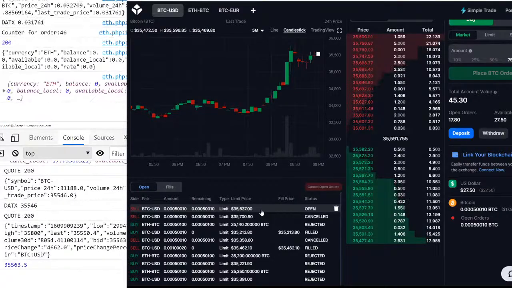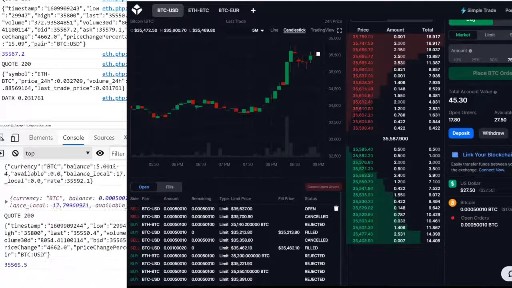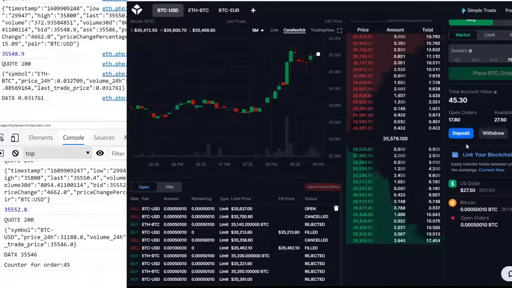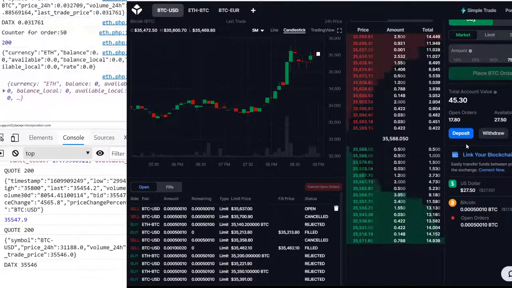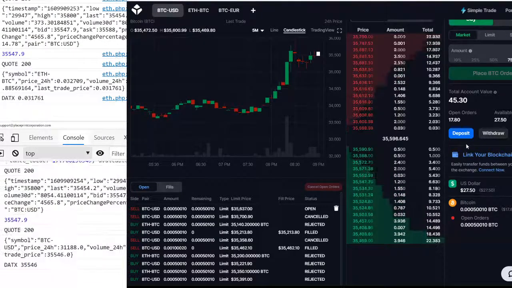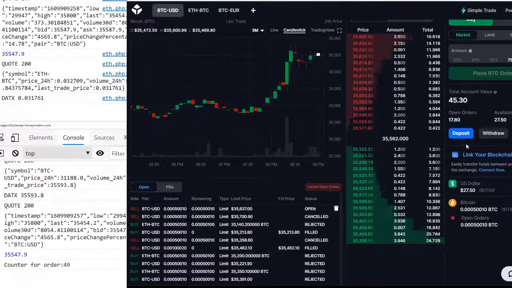So in theory, we could see a new buy order come through when our tick increment gets to 100. Right now, our tick increment is at 44. Once we get to that 60 level, we're going to see this thing get to a level of 100, and it's going to place a new buy order.